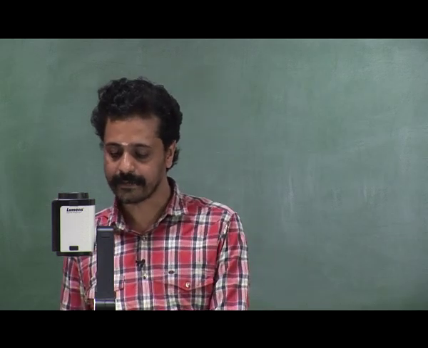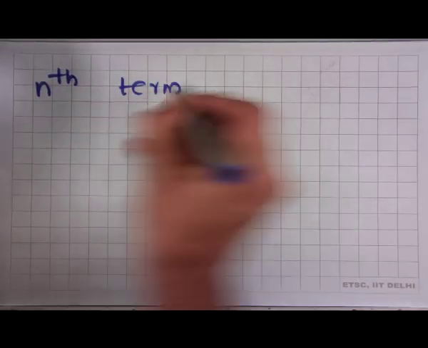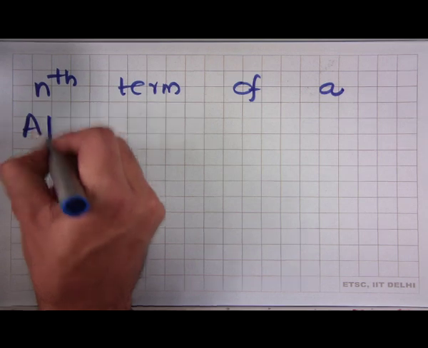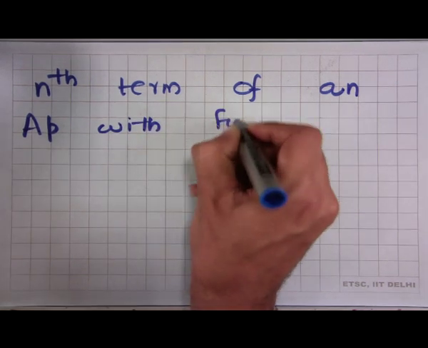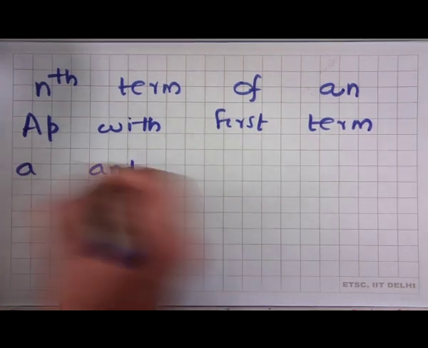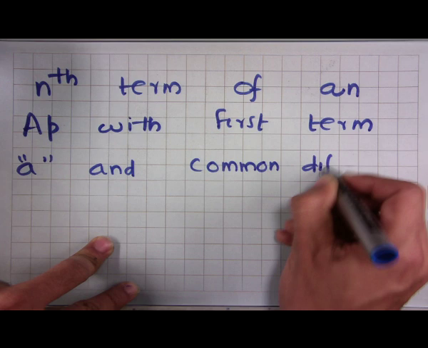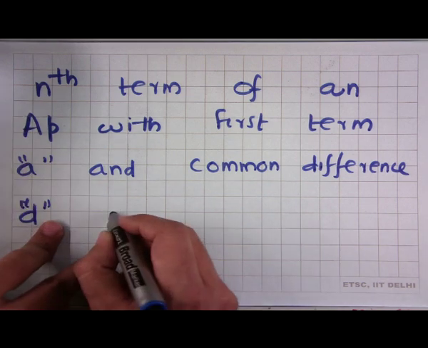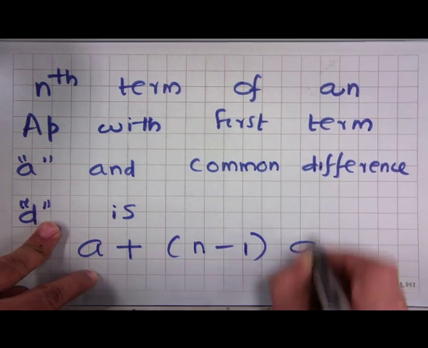So, in general, the nth term of an arithmetic progression with first term a and common difference d is a plus n minus 1 times d.